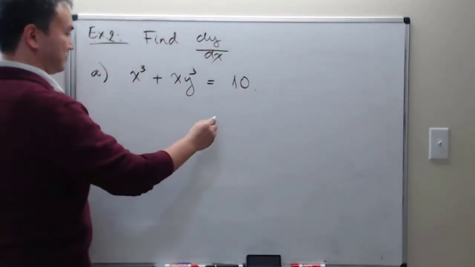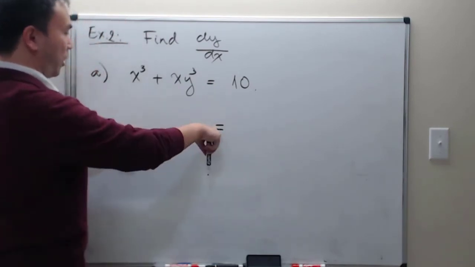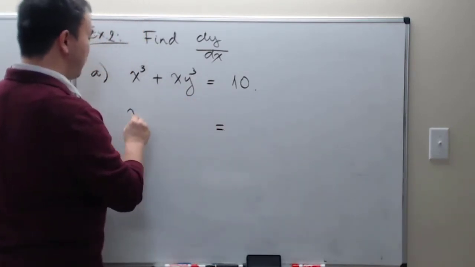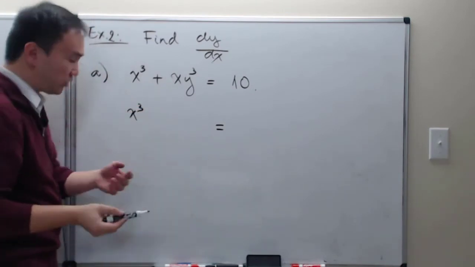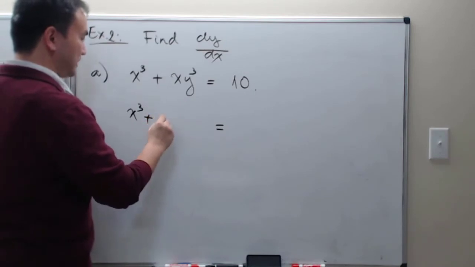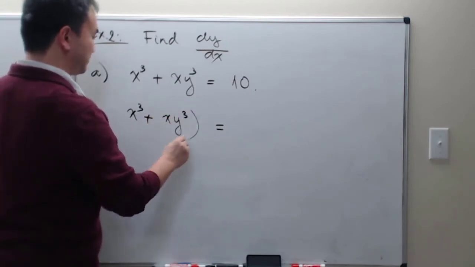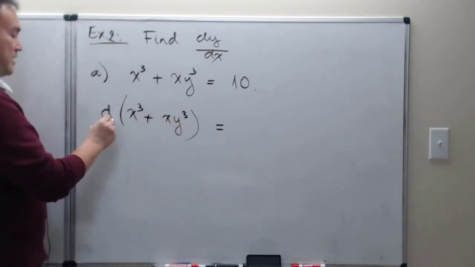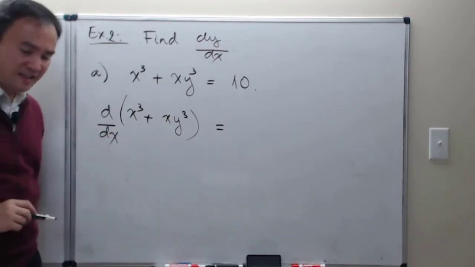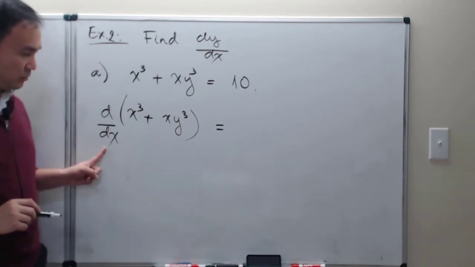Now, learning from what we've done earlier, this is an equality between two expressions. So I am going to differentiate, meaning take the derivative of, x cubed as one term plus x y cubed. I'm going to differentiate the left-hand side with respect to the x variable.